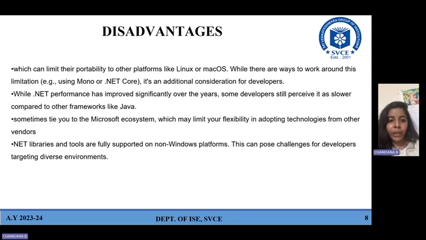.NET libraries and tools are not fully supported on non-Windows platforms, and thus pose challenges to developers targeting diverse environments. Like the platform dependency, if you created .NET libraries only for Windows, then they will be supported only on Windows.